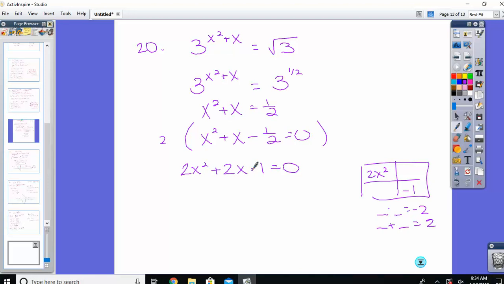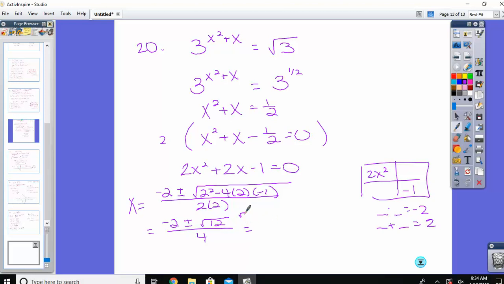Quadratic formula. X equals the opposite of b plus or minus the square root of b squared minus 4ac, all over 2a. So I get 4 plus 8, so it's the square root of 12.